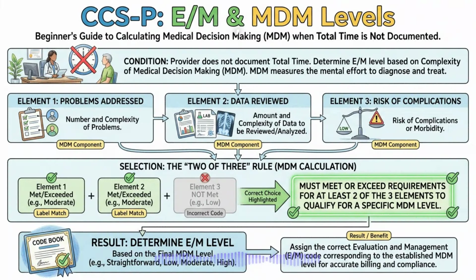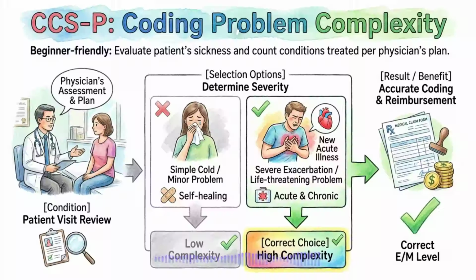To qualify for a specific level of MDM, the documentation must meet or exceed the requirements for at least two of these three elements. Let us break down those three elements, starting with the number and complexity of problems addressed.